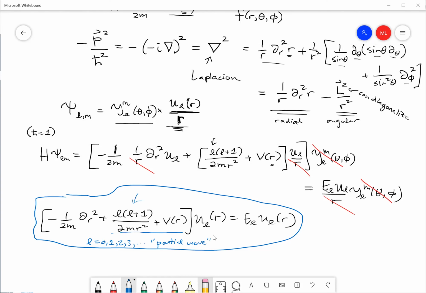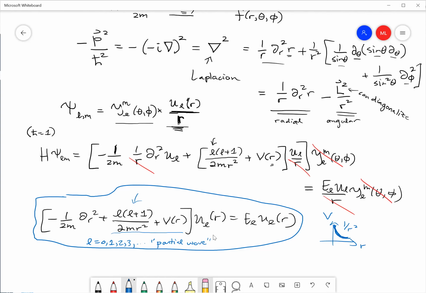This guy, it's the centrifugal part. And what does it do? You see a larger L, this part starts to dominate. It has a 1 over r squared shape. So it looks like this, 1 over r squared. And what it means is for larger L, there's going to be a potential barrier around r equals 0. It makes sense.